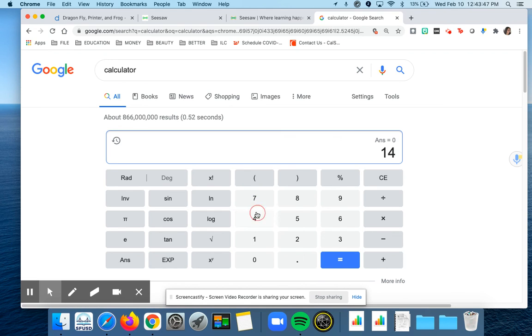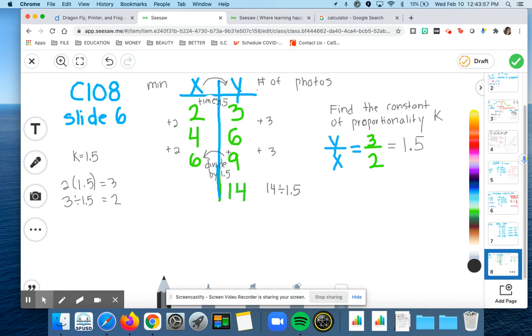So 14 divided by 1.5 equals 9.333333. Let's go ahead and write that down, and that's our answer. So you can basically print 14 photos in 9.33 minutes. And that's your answer.